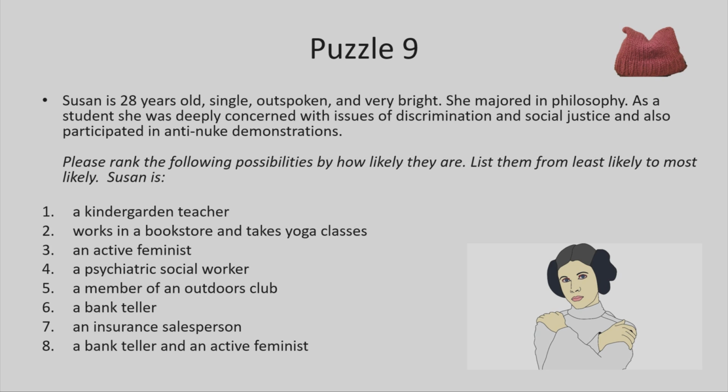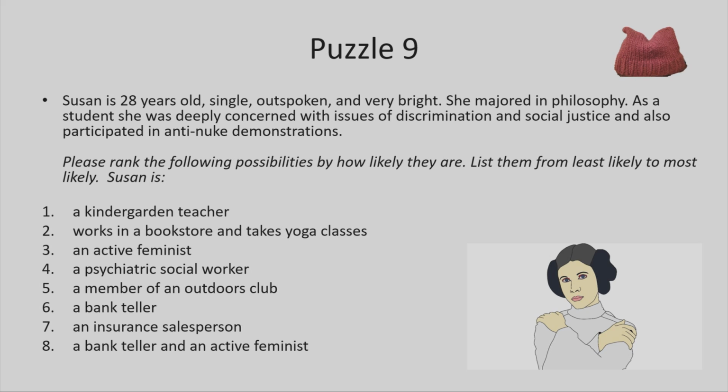But here's the question that I want to ask you, where I want you to think logically. There are the following possibilities of who Susan is likely to be. And from knowing people, from knowing stereotypes, you could take a guess which of those possibilities are more likely for her.